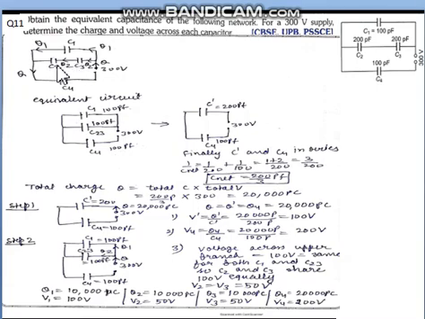Series means reciprocal addition. You can see the values given are 200 and 200. So in series 1 by 200, 1 by 200, and the answer obtained is 100. We can name the net of it, net capacitance C23.